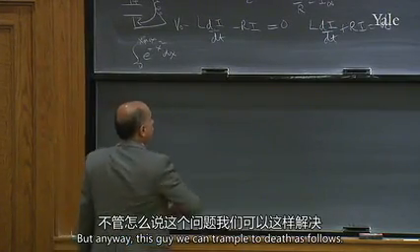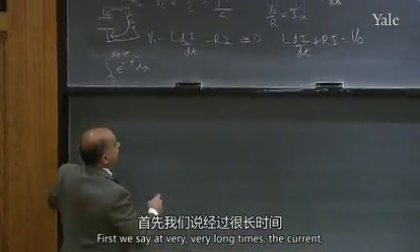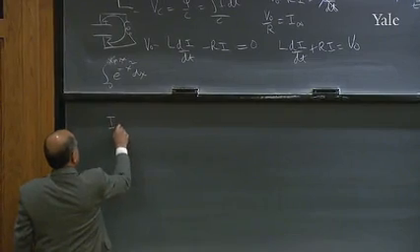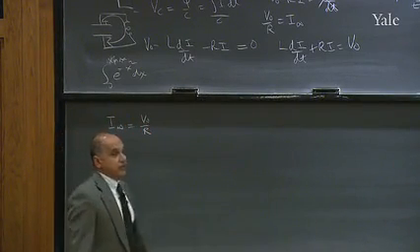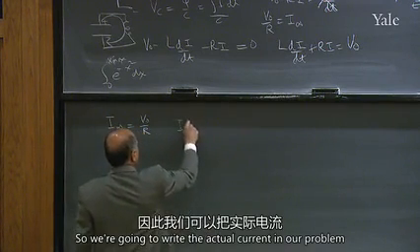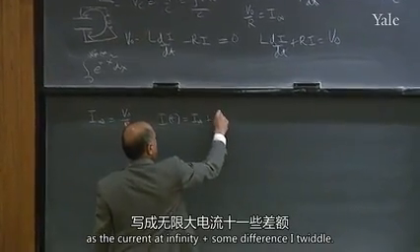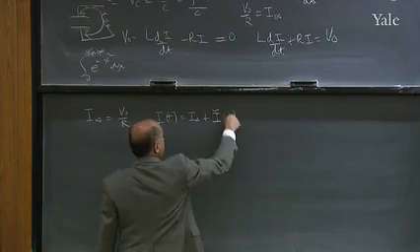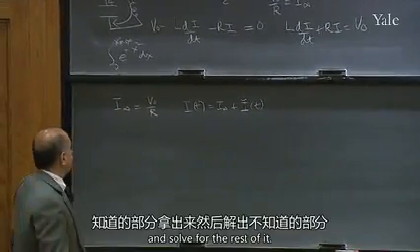Okay, but anyway, this one we can trample to death as follows. First we say, at very, very long times, the current, I told you, is V0 over R. That's when di/dt is 0. So we are going to write the actual current in our problem as the current at infinity plus some difference, I twiddle. Standard thing. You take out the part you know and solve for the rest of it.